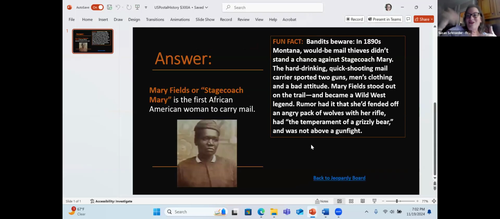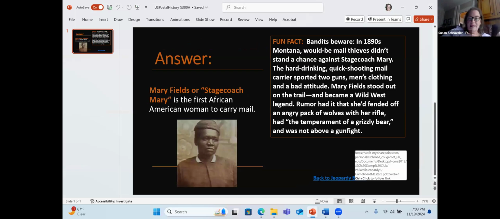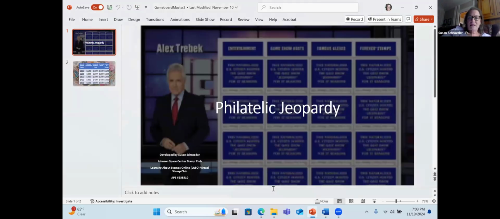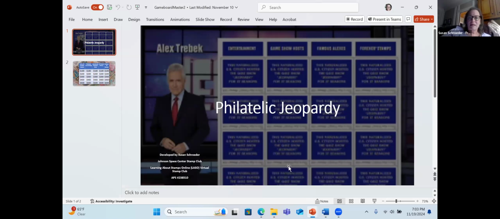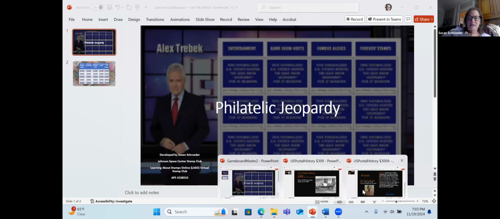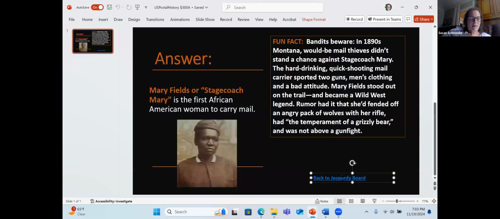A couple of things I learned is I didn't want to have it in the same file because, when you open that PowerPoint, then you can see the answer along with the question, right? And then down here, it says back to Jeopardy board. I put a hyperlink in there to take us back to a different file that had all the 5 categories on it.